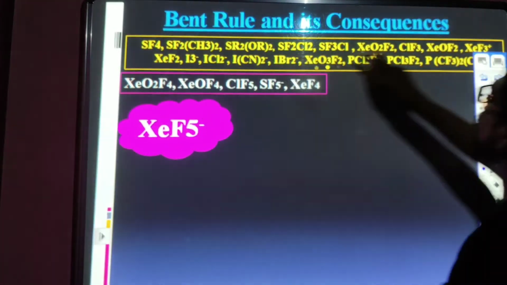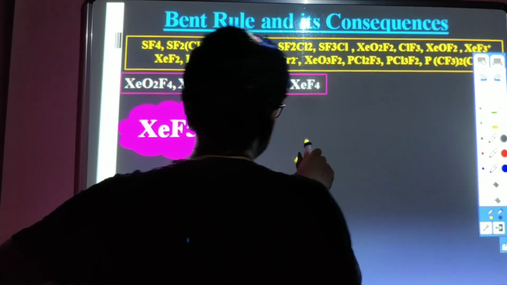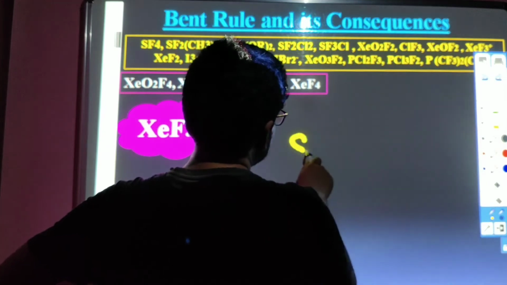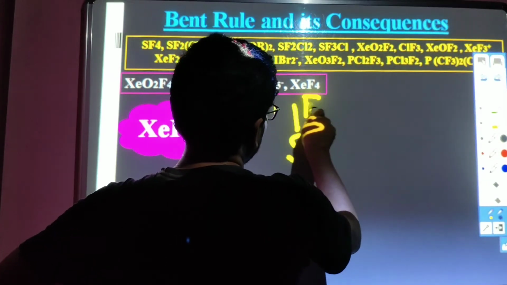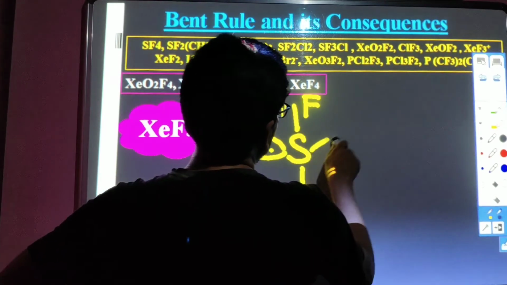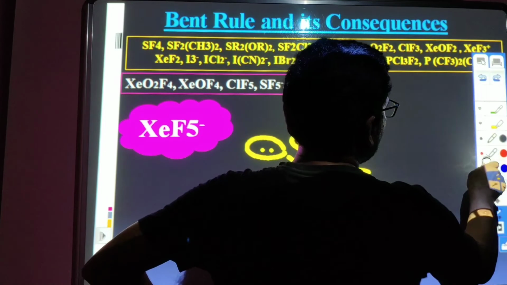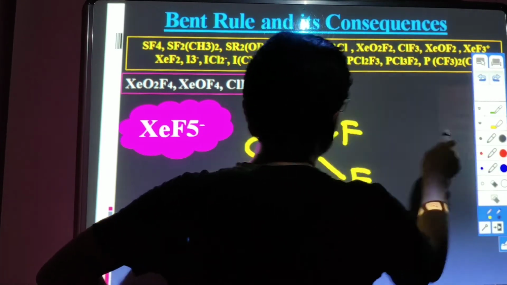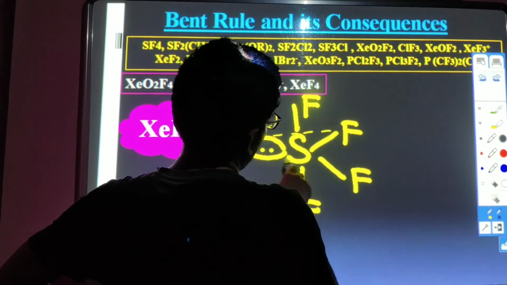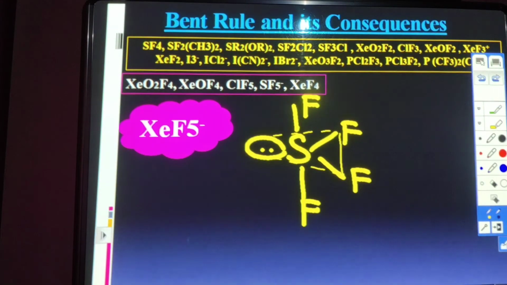Here all are TBP geometry. So SF4 has one lone pair. This is F, this is F. This is the lone pair of electrons. This is F. This is F. I told that lone pair will be where? Equatorial positions. So done.